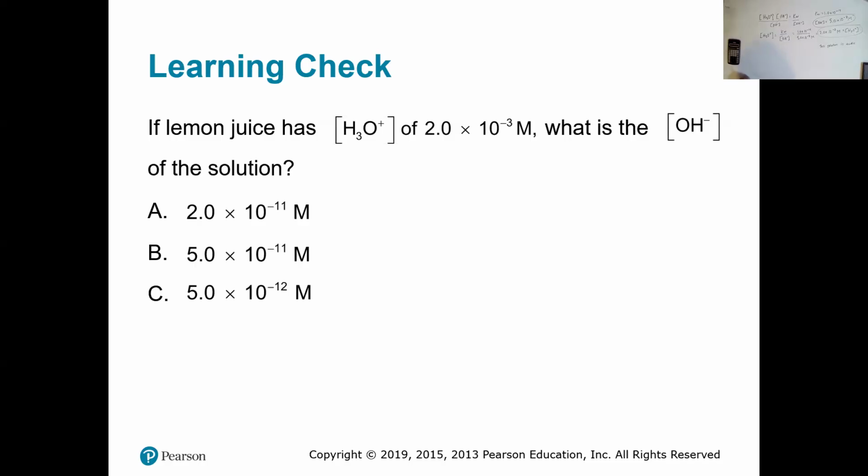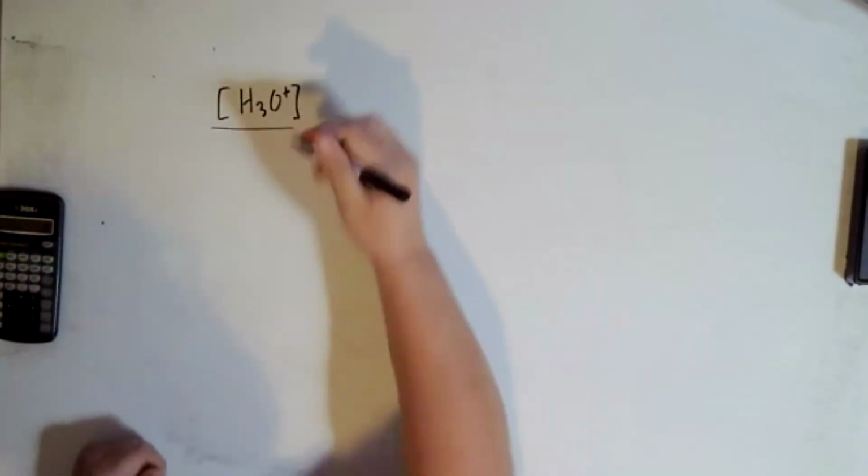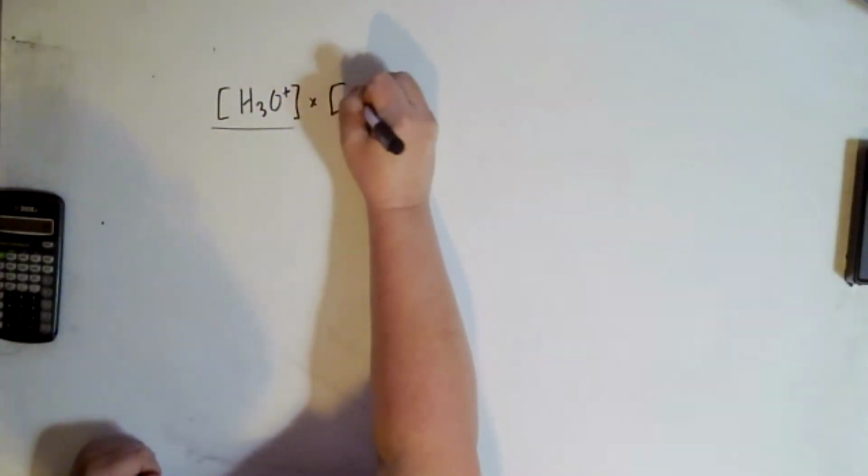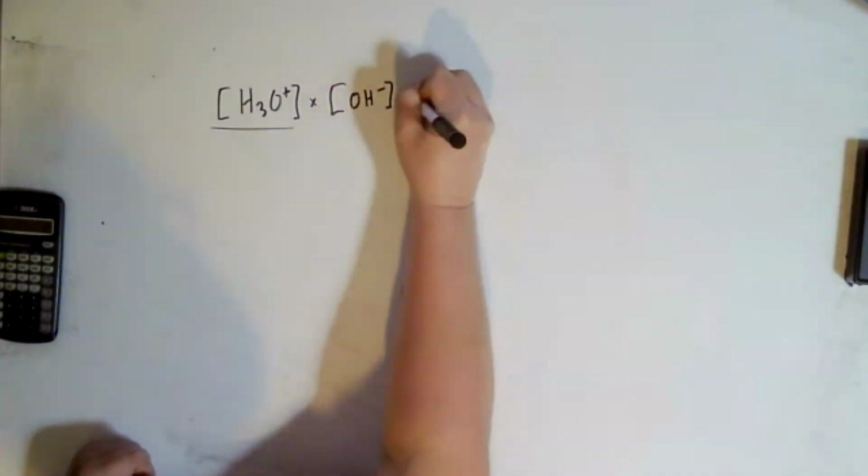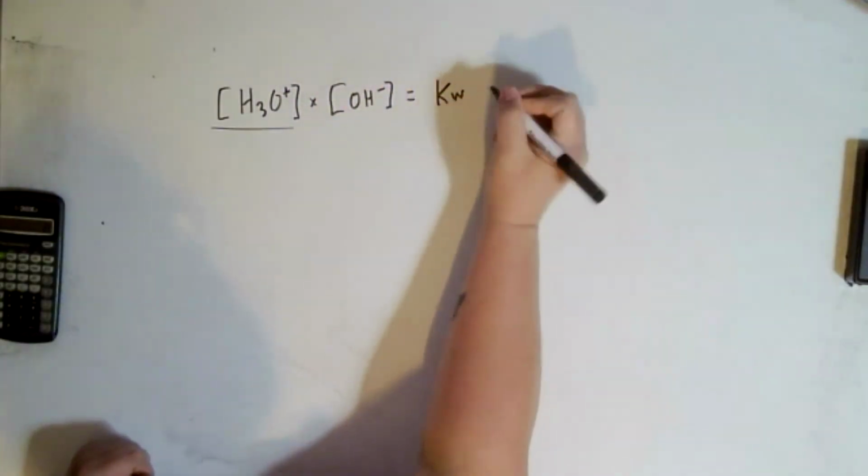Okay, so here they're asking us if lemon juice has an H3O plus concentration of 2.0 times 10 to the negative 3, what is the hydroxide concentration of the solution? And we are going to see something very similar for answering this question, because H3O plus times OH minus is still going to be KW.